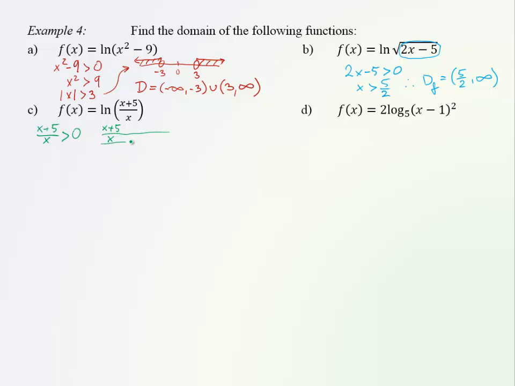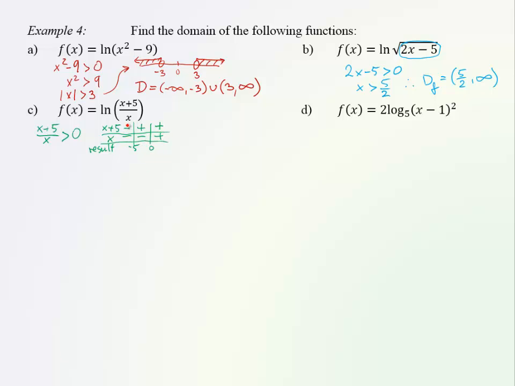So make a table of signs. That will be -5, that will be 0 on the number line, and the result. So x plus 5 changes its sign at -5. It is negative to the left and positive to the right. x changes its sign at 0, negative to the left, positive to the right.